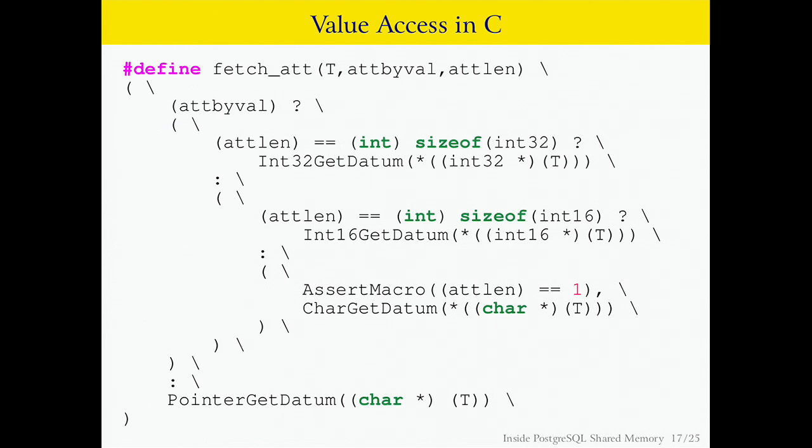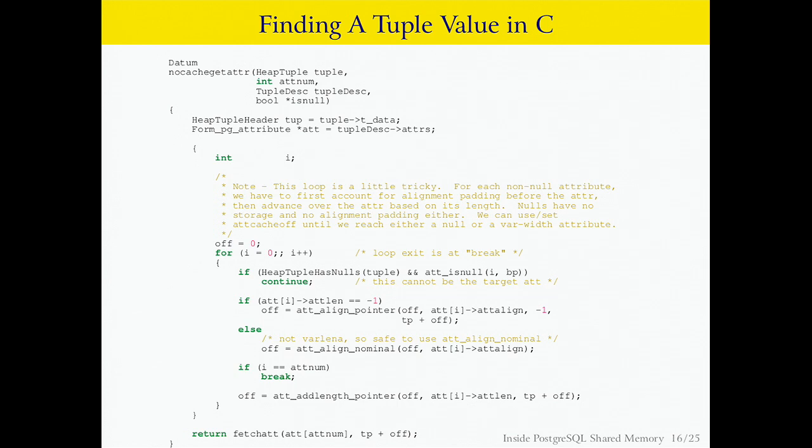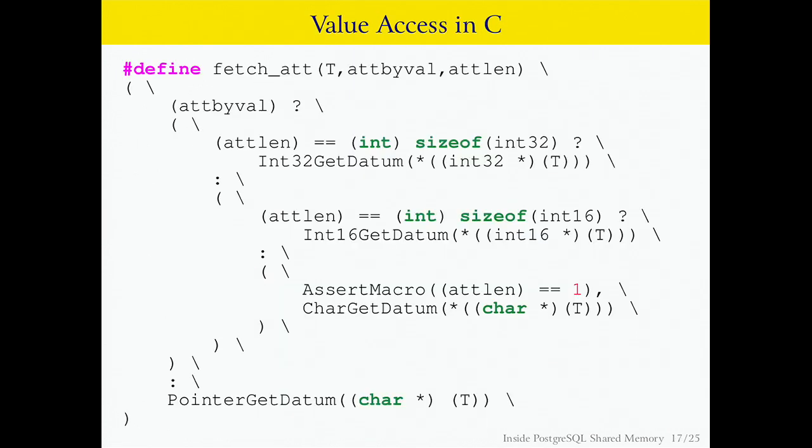Right, it's running through this code, looping tuple to tuple to tuple. Once you've found the tuple you want, which is what fetchatt does, we basically say, okay, now that I've found the offset in the row I want, is it a 32-bit? Convert it to an integer. Just cast it to an int. Just take the 4 bytes that happen to exist in shared memory, cast it to an int, and give me the int back.